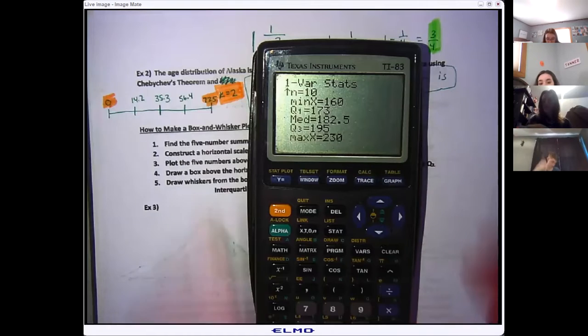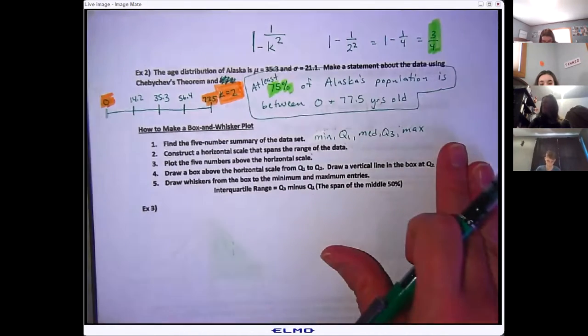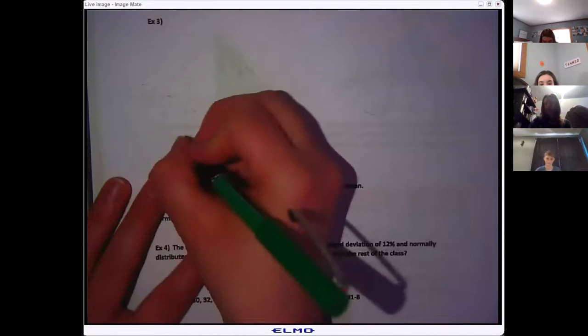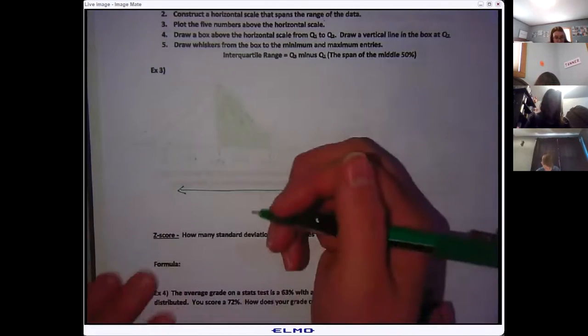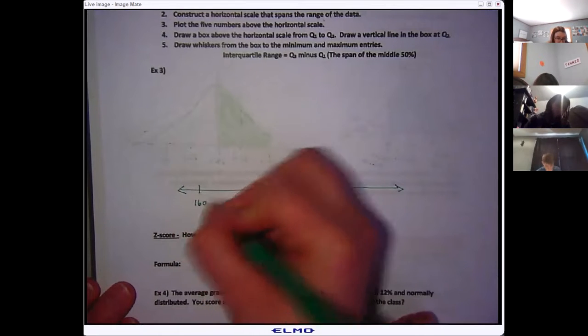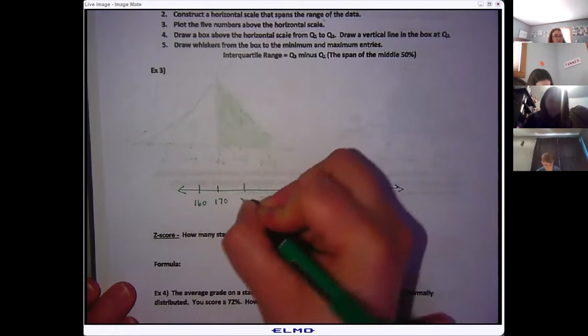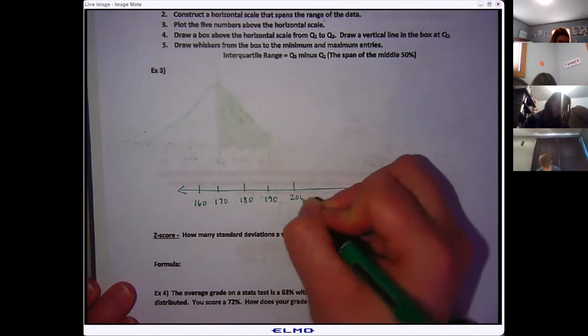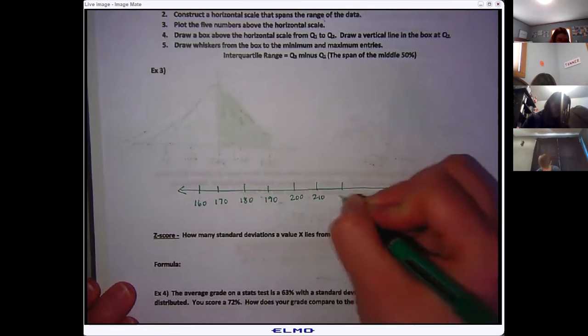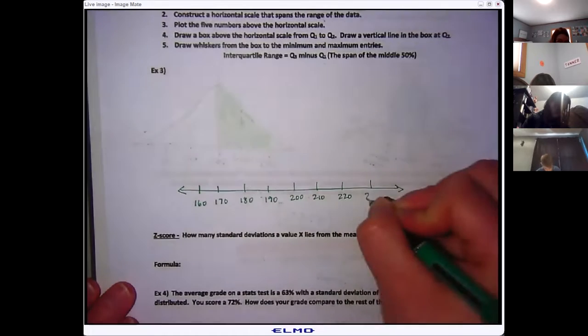Cool. All right, so now I'm going to draw a box and whisker plot. First thing you need is a number line. And we need to make sure that all of them are on there. Let's see, so we'll start at like 160, 170, 180, 190, 200, 210, 220, 230.